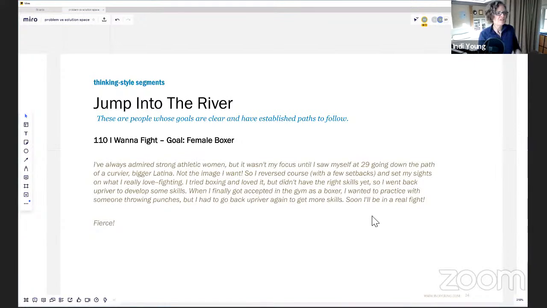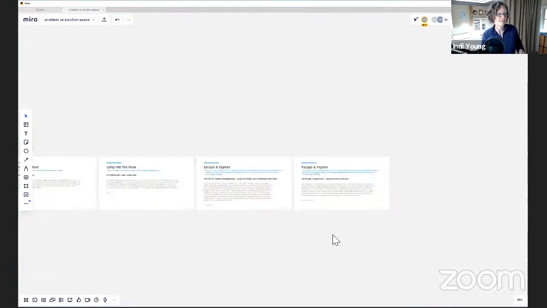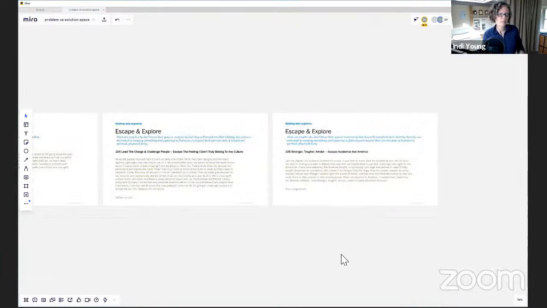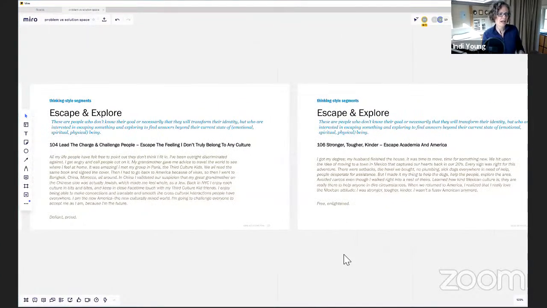The one that was difficult for us in the data was the escape and explore. There were a few people who were very aggressive about describing their personal identity change. And it came from the aspect of, I don't like what I'm undergoing right now.